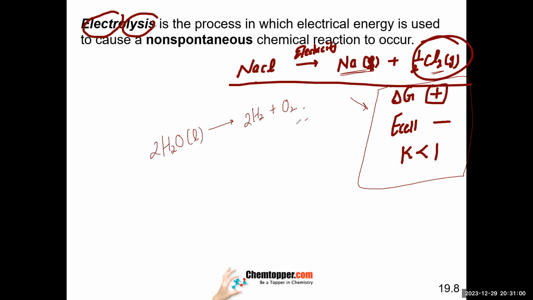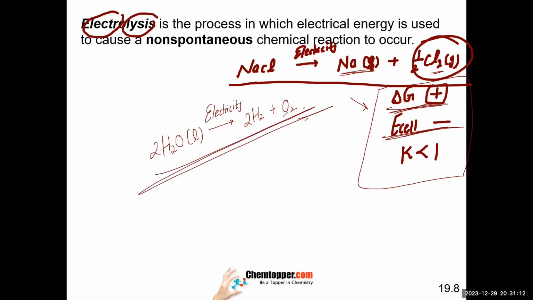Delta G is positive. E cell is negative. So again, I have to use electricity to carry out this reaction. So these type of reactions are called electrolysis, and the cells in which we carry out these reactions using electricity are called electrolytic cells.